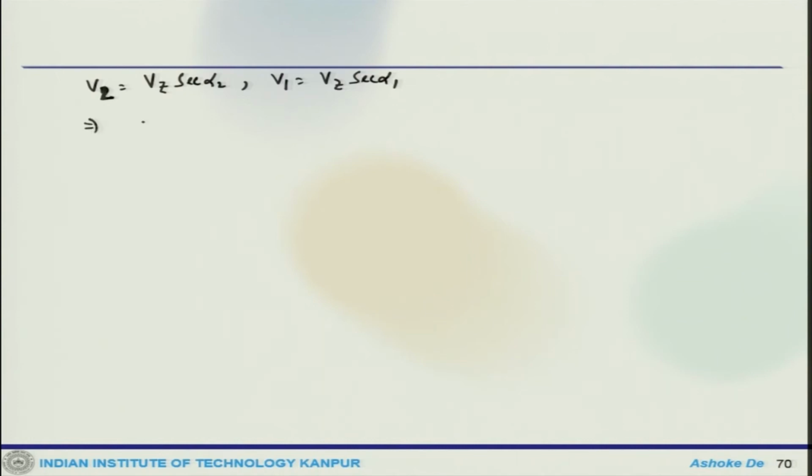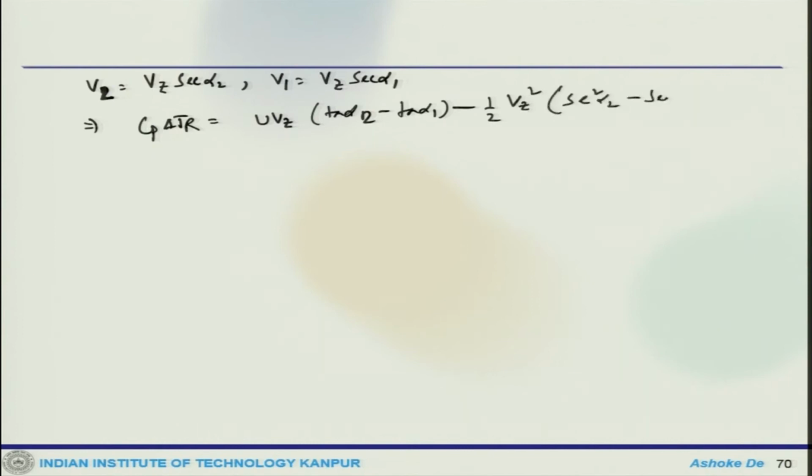So, that gets me back C p delta T r equals u V z (tan alpha 2 minus tan alpha 1) minus half V z square (sec square alpha 2 minus sec square alpha 1).